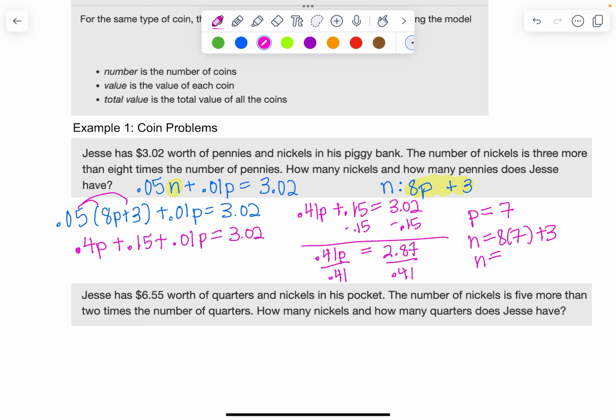So the number of nickels is 59. So our final answer then, 7 pennies and 59 nickels. Of course, we can always plug that back into the equation, right? Do 0.05 times 59 plus 0.01 times 7 and make sure that you get 3.02, and you will.